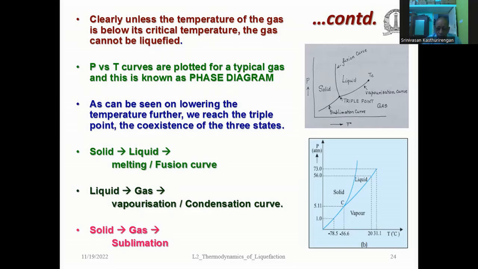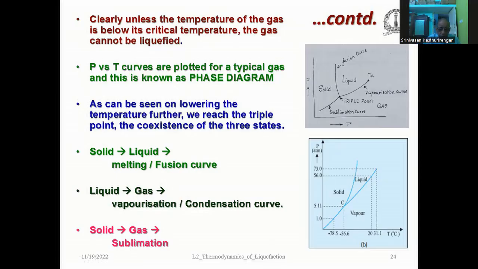And the point at which all the three lines meet is known as the triple point, which shows the coexistence of all the three states. You can also see in the case of solid carbon dioxide at 1 bar pressure, the solid goes directly from solid to vapor. That means it undergoes sublimation.